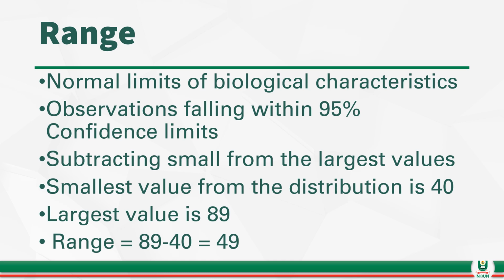Observations fall usually within 95% confidence limits. When you subtract the smallest value from the largest value, you get the range. So from our frequency table, our smallest value is 40 in the class, and the largest value is 89. So when you remove 40 from 89, you have 49. So our range is 49 in that distribution table. In the next slide, we'll have another activity.